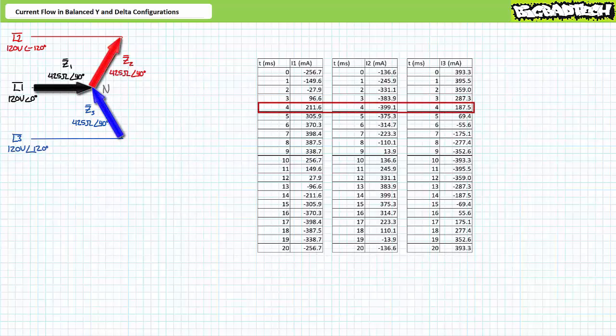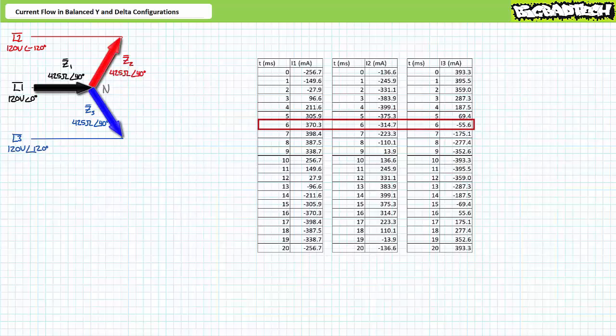At t equals 4 milliseconds, 211.6 milliamperes is entering the Y via impedance element Z1. 399.1 milliamperes is leaving the Y via impedance element Z2, and 187.5 milliamperes is entering the Y via impedance element Z3. 211.6 plus 187.5 does indeed equal 399.1.